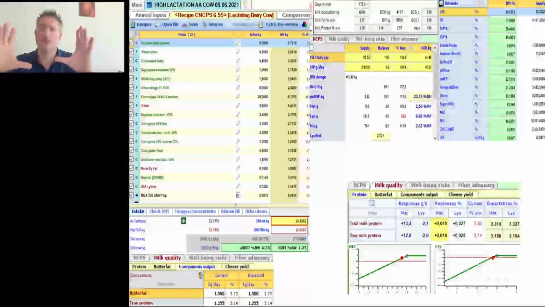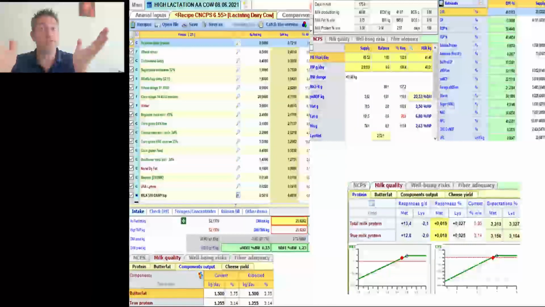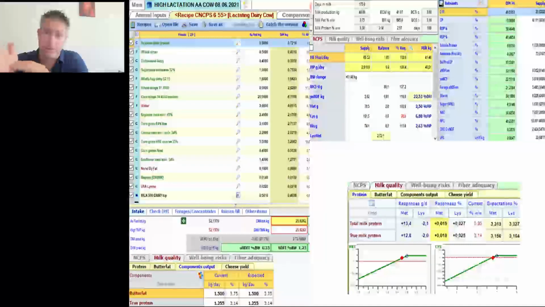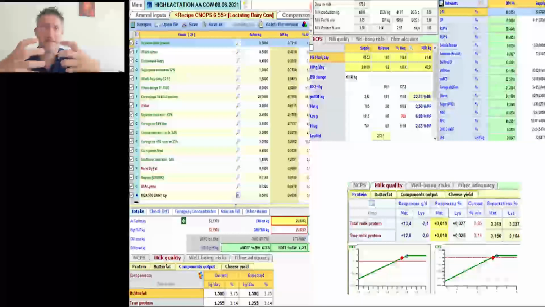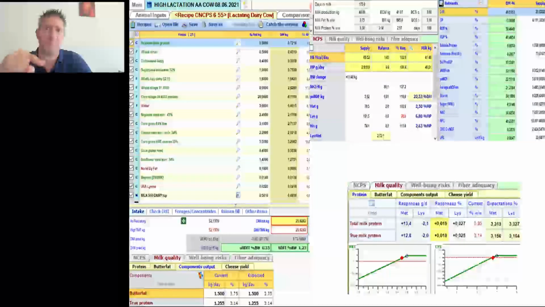So there is an association between liters of milk and percentage of milk protein. Because I'm doing cheese, I wanna take an effort for milk for cheese, so I can decide to reduce a little bit the production of milk in terms of liters per day, but increase the percentage of milk protein in this milk.